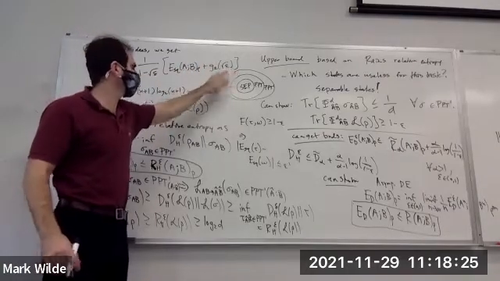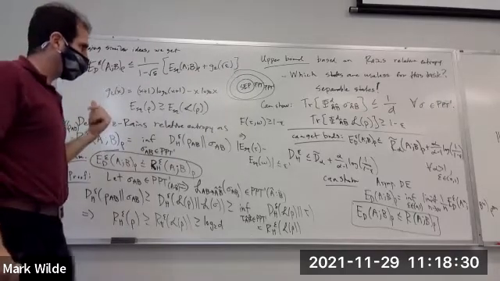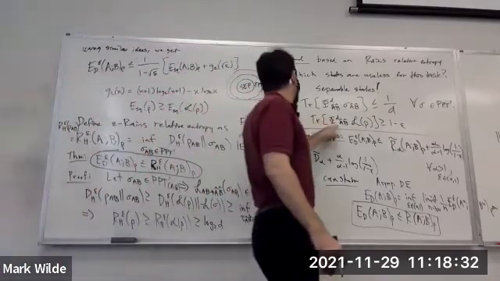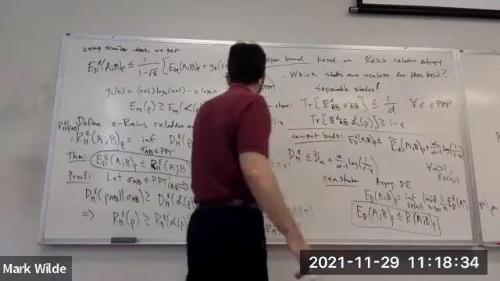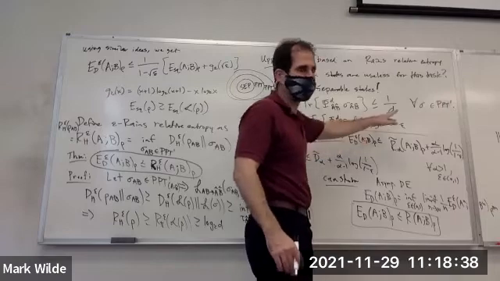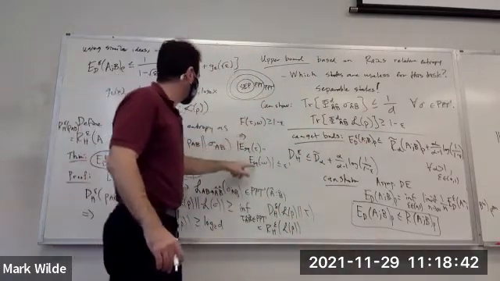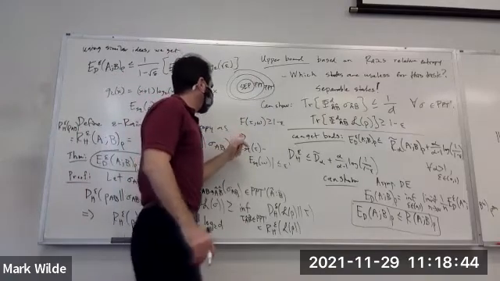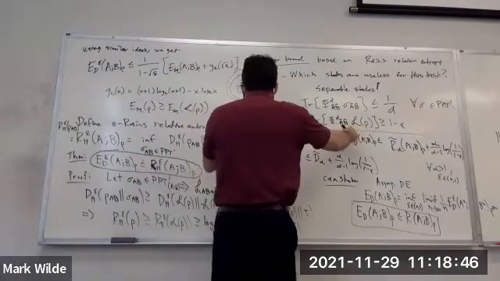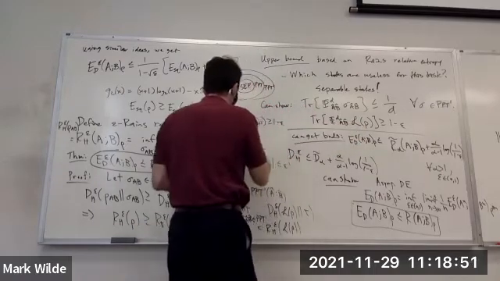Okay, it's G2, and the target state. So this is a fidelity between the maximally entangled state and the target state, and it's larger than 1 minus epsilon. So we can plug into this continuity inequality, where omega is like the final state of the protocol, and tau is like the maximally entangled state.